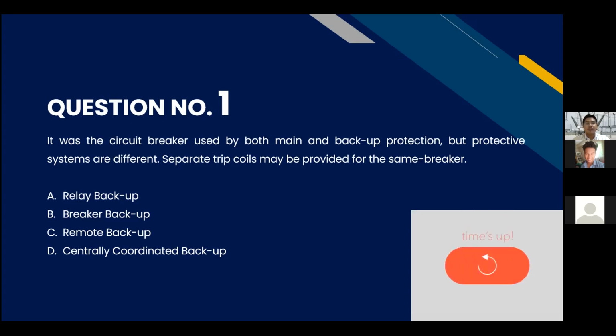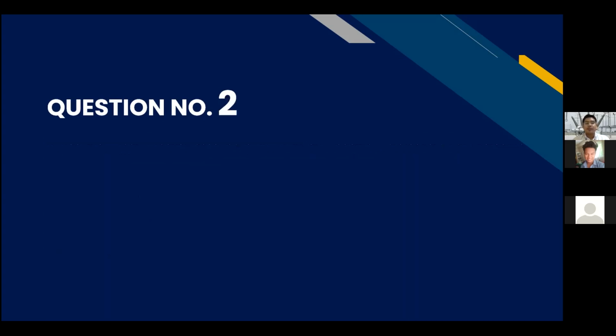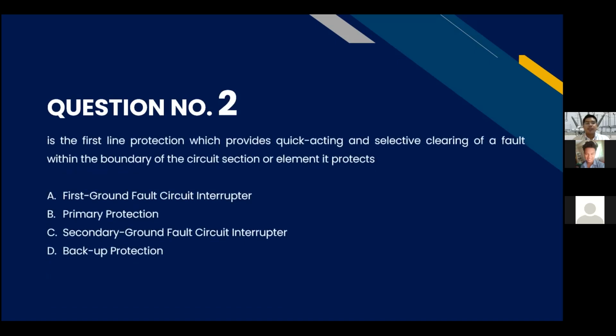Time's up. For question number 2: it is the first line protection which provides quick acting and selective clearing of a fault within the boundary of the circuit section or element it protects.